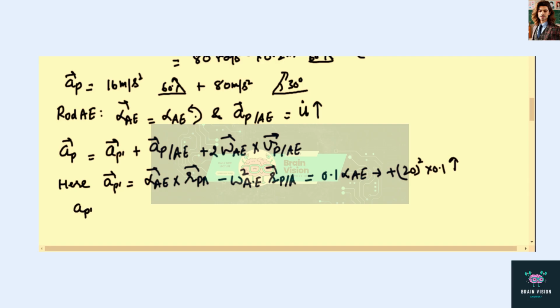So acceleration of P dash you can write as 0.1 alpha AE towards left plus 40 upward meter per second square.